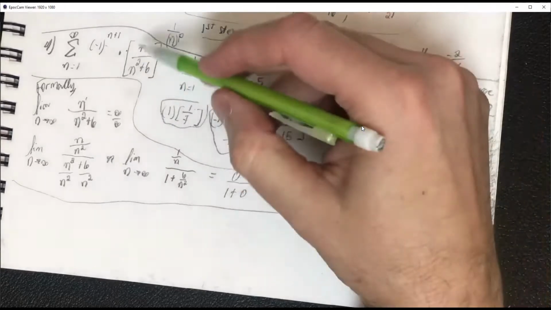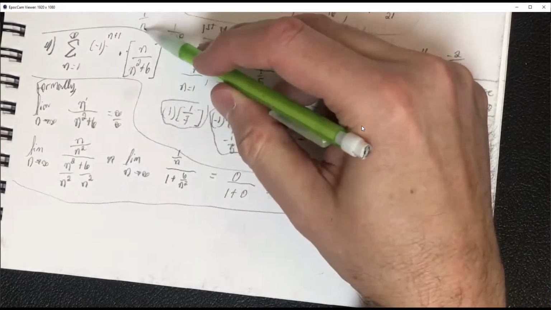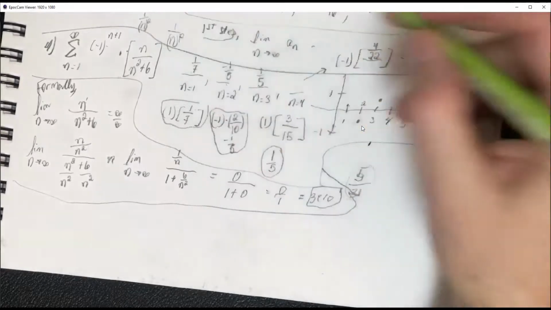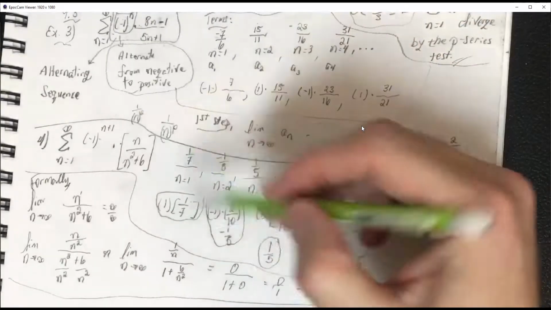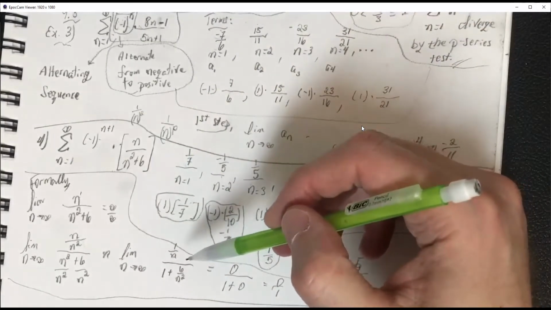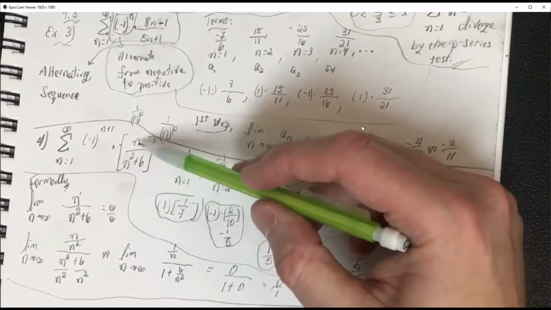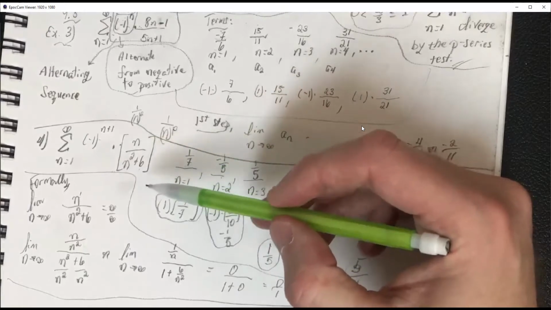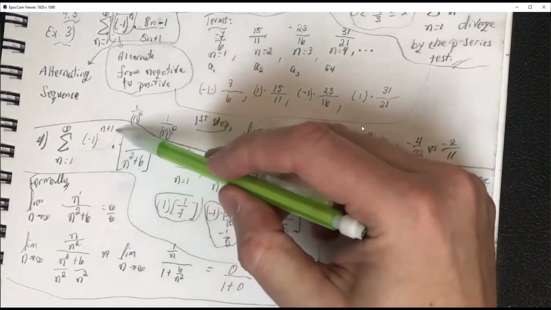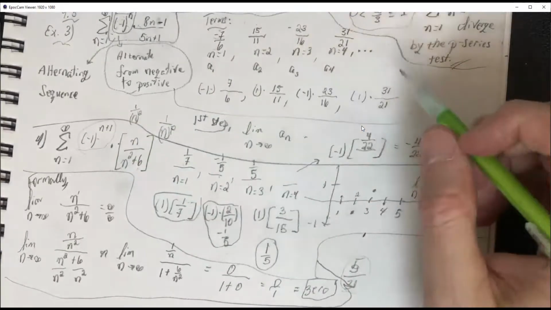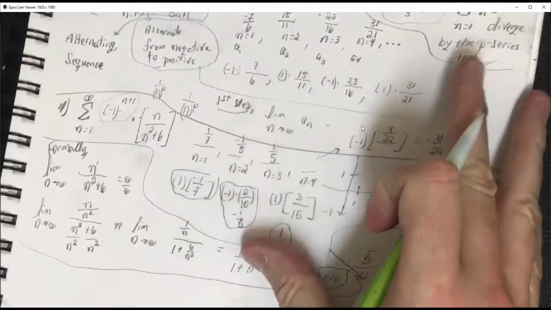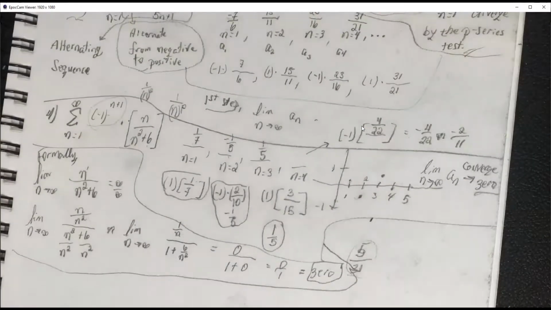If it was just 1 over n squared, then that would be a P series. But it's not. You have the plus 6 here, that destroys it, and you also have the n up here, that destroys it. Plus, on top of all that, it's alternating. That destroys it. So there are lots of ways this gets destroyed, and you cannot use the P series test. Is that okay? Yes.